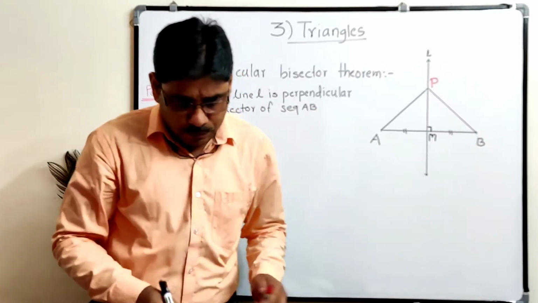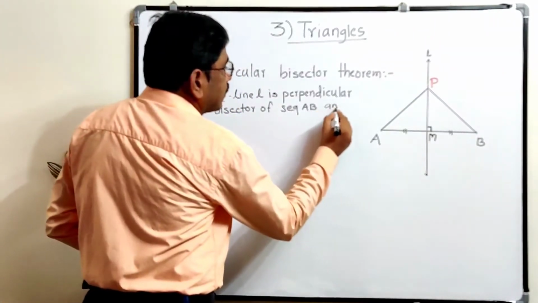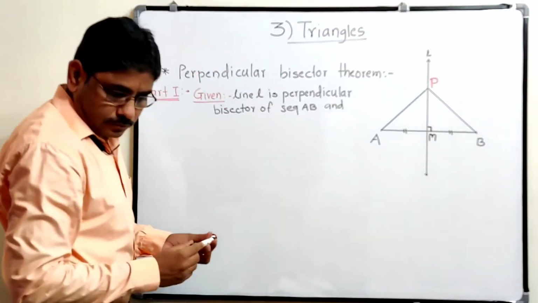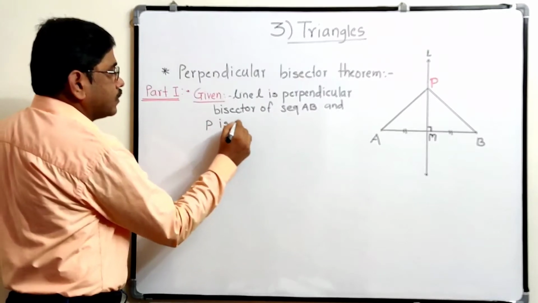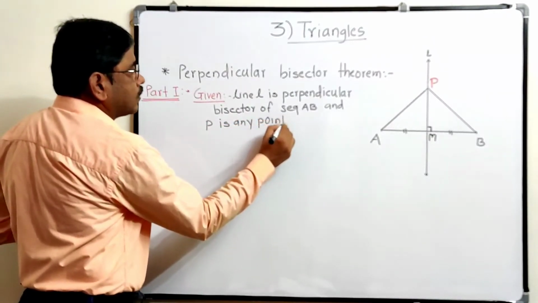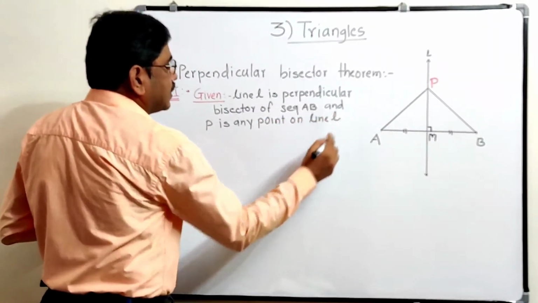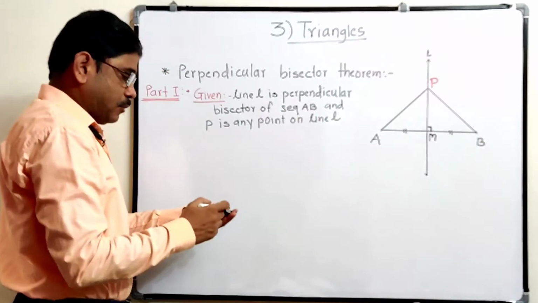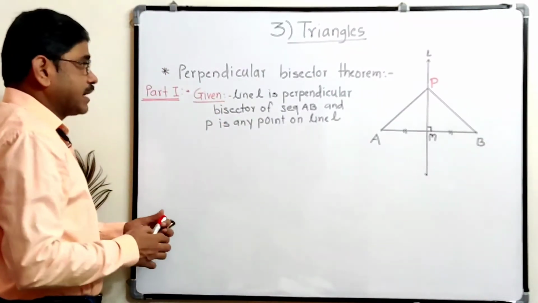And P is any point on line L. लाइन L पे P एक पॉइंट हम लोगों ने लिया है. So this is our given.